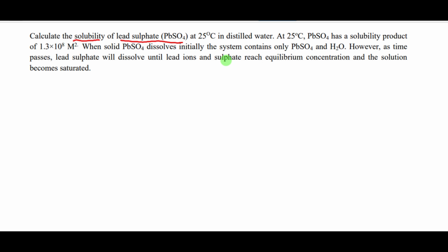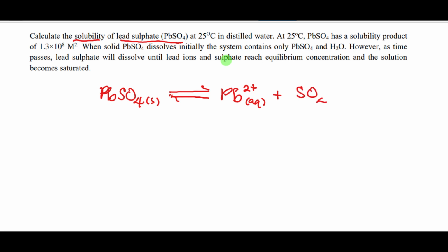So when we have questions like this, the first thing we need to do is to write out the dissociation equation for the sparingly soluble salt, which will be PbSO4 solid, giving us Pb2+ aqueous plus SO4 2- aqueous.